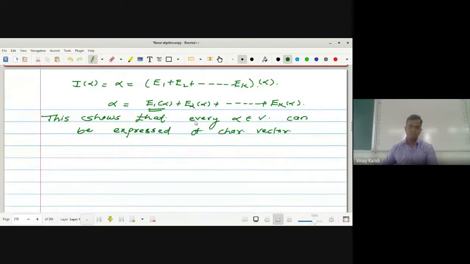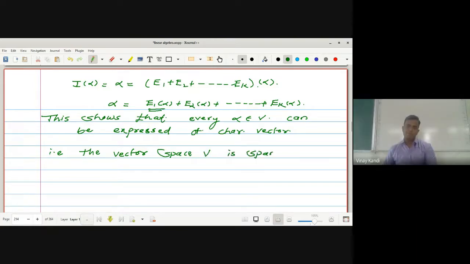So this alpha can be written as the summation of characteristic vectors, that is, in the vector space V. Is it correct? Yes, sir. V is spanned by characteristic vectors of T. Hence T is diagonalizable.